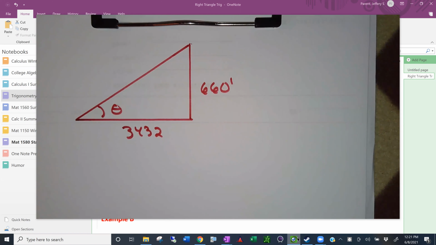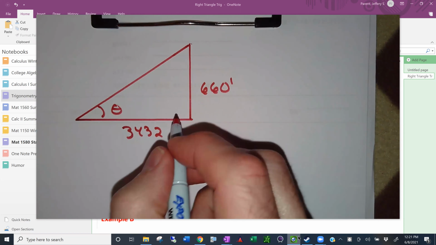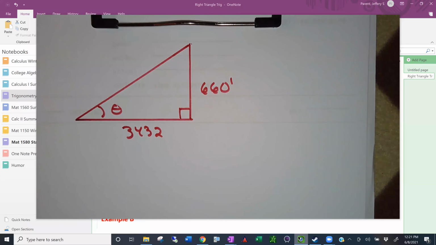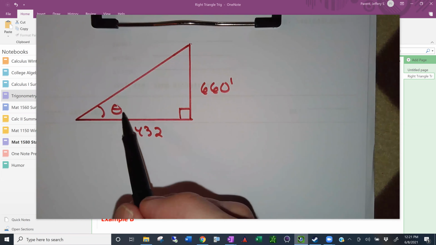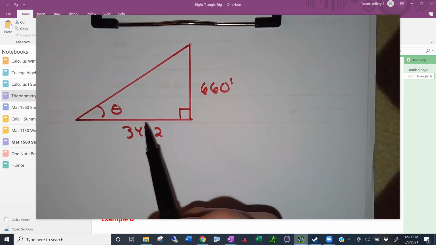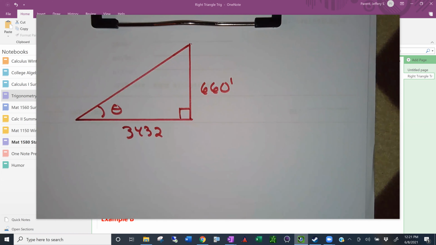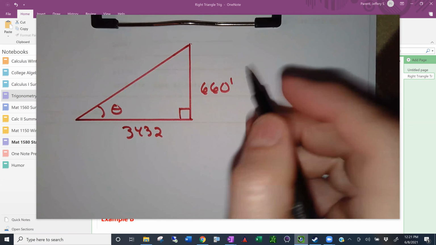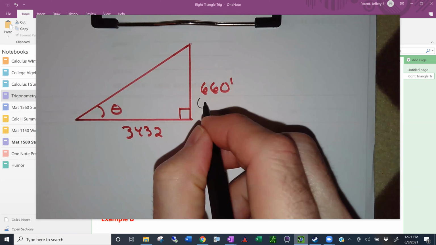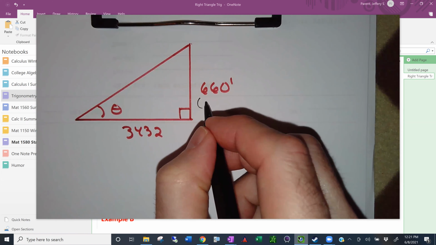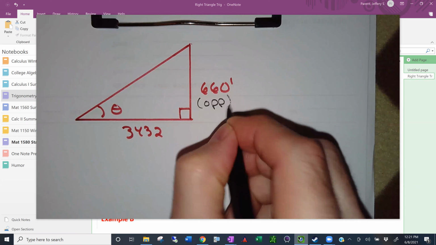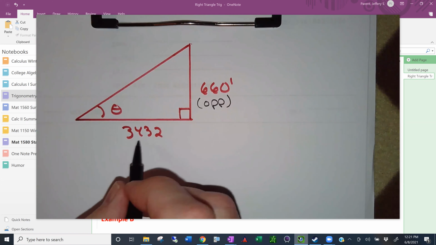So, okay, not a problem. This is a right angle. Taking a look at these sides, what would you give their names in terms of opposite, adjacent, and hypotenuse? What's the 660? Opposite. Thank you. Opposite. And someone else for this side, what would that be?